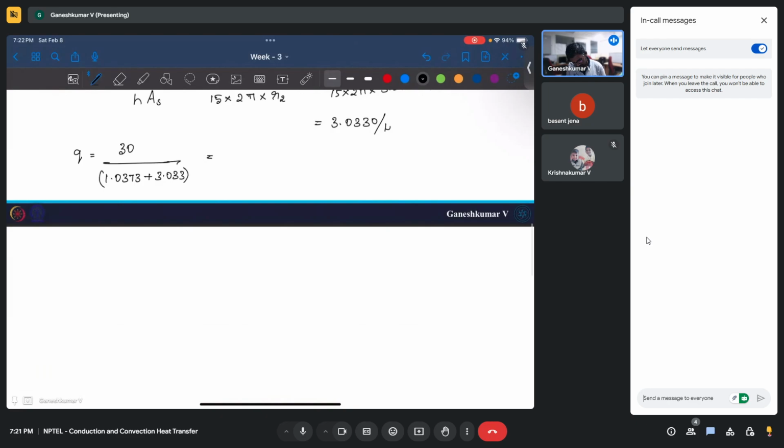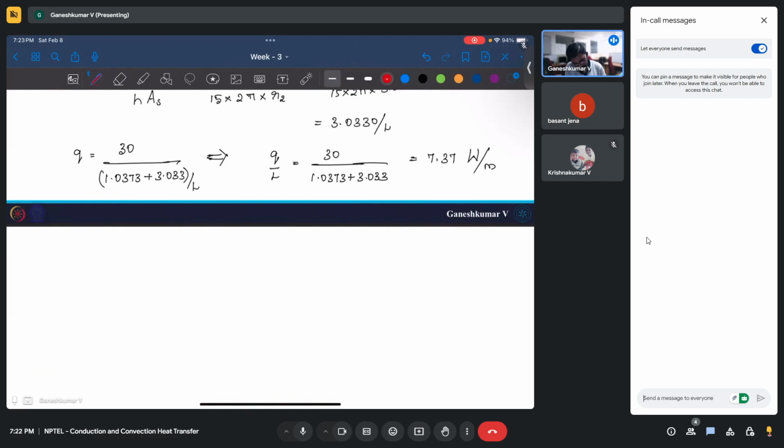So you can write this as Q by L is equal to 30 divided by 1.0373 plus 3.033, and this will come out to be something like 7.37 maybe watt per meter.